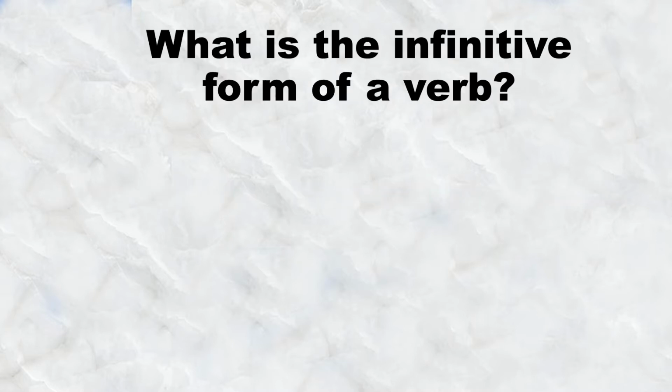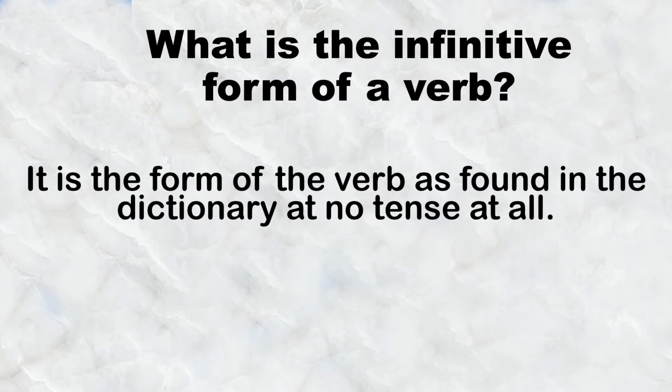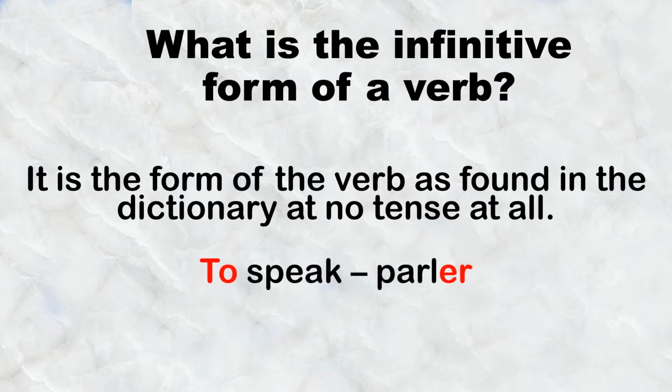What is the infinitive form of a verb? Because we talked about ER verbs, and those ER verbs are in the infinitive form. So what is it? It's the form of the verb as found in the dictionary, at no tense at all. For example, if you look up "to speak," it's going to give you parler.